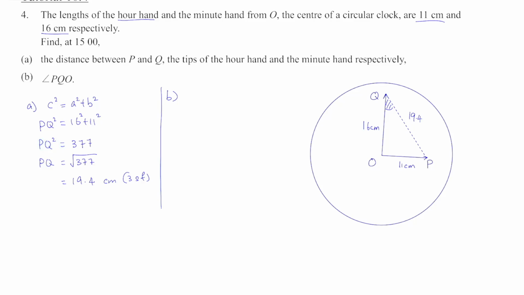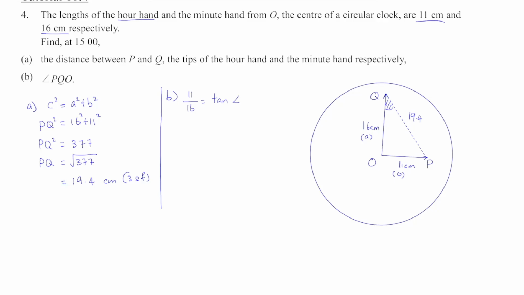All right, so with this, I'm supposed to find angle PQO, which is this angle. Okay, then I'm given this line and this line. Okay, so my 16 is adjacent, my 11 is my opposite. Okay, so with O and A, I can use tangent. Okay, so 11 over 16 equals to tangent theta.